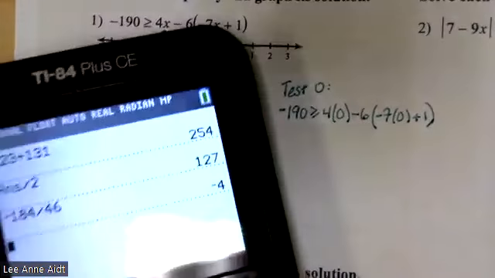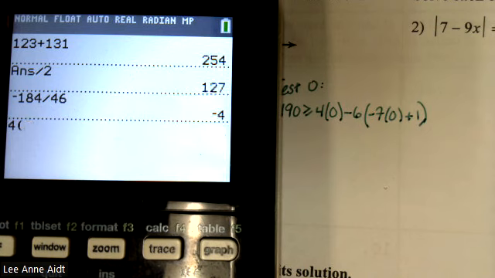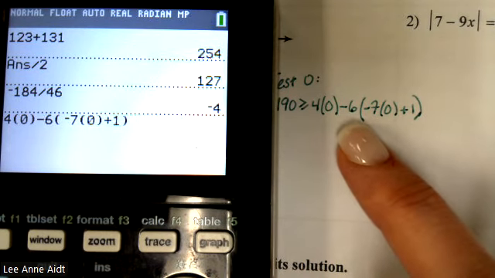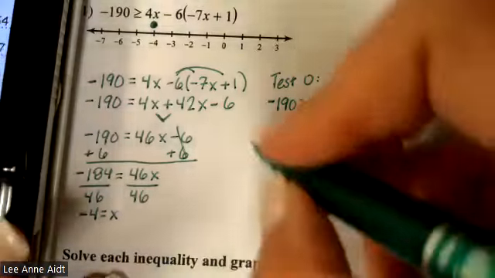Now I got to tell you, I feel like maybe we could be lazy here. 4 times 0 minus 6, negative 7 times 0 plus 1. Does that look right? 4 times 0 minus 6, negative 7 times 0. Negative 6.